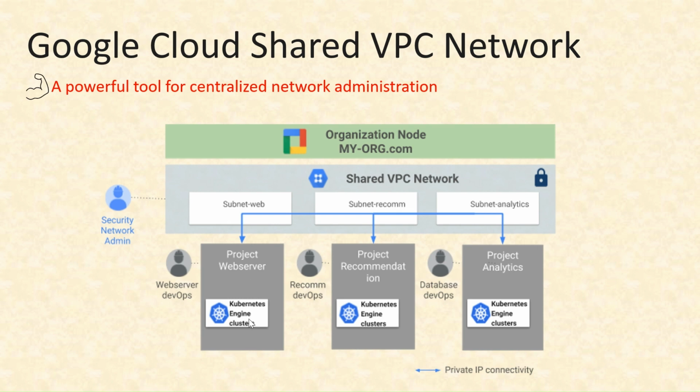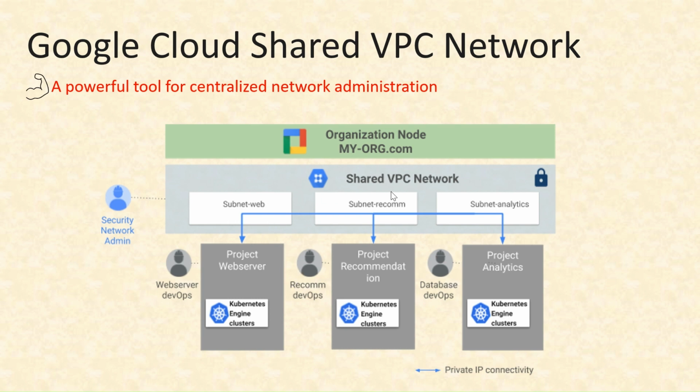But for network and IP allocation, these projects depend on the shared VPC network. So it requires a designated project as a host project and you attach one or more service projects to it.